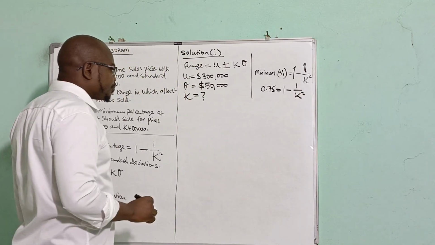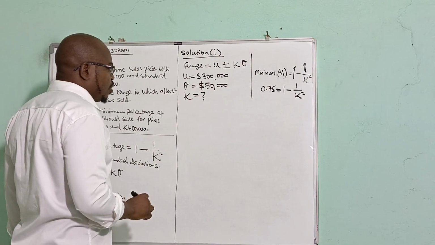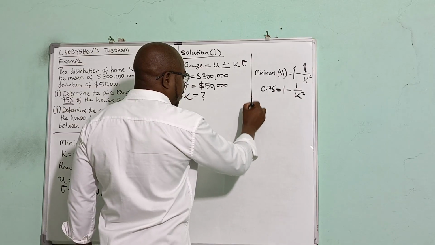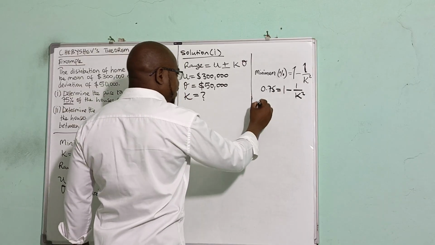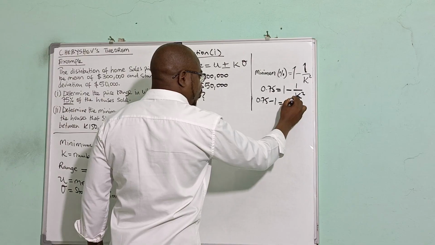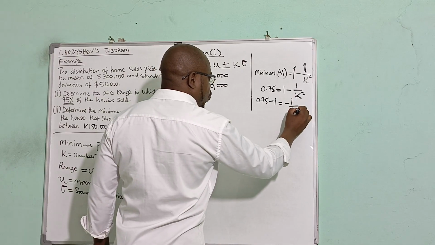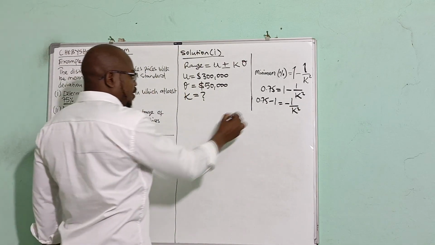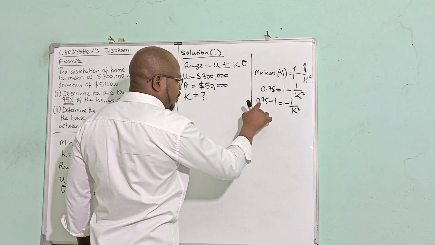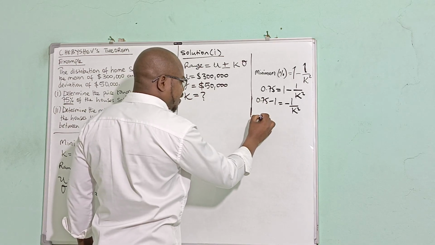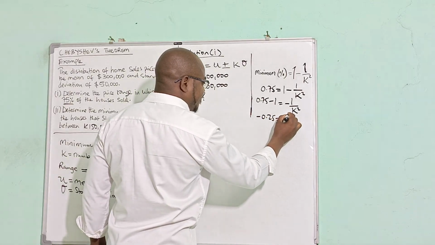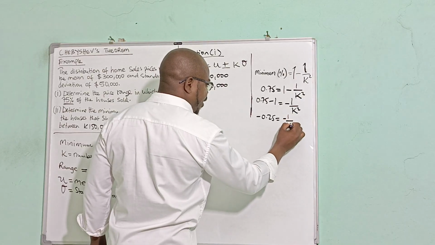So what do we do to get k? We can bring the 1 to this side, so it will be 0.75 minus 1, which becomes equal to negative 1 over k squared. Then 0.75 minus 1 gives us negative 0.25, equal to negative 1 over k squared.